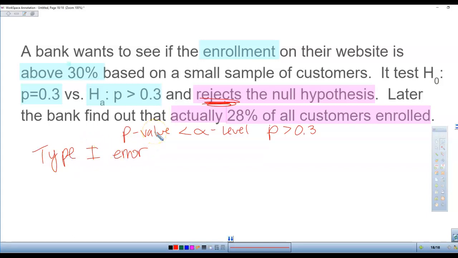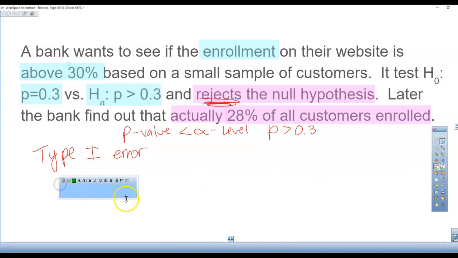Okay, and if you think about this, it is the enrollment on the website. If they are going to spend money on a website thinking, oh, our enrollment is going to be high on our website, but it ends up not being so high.